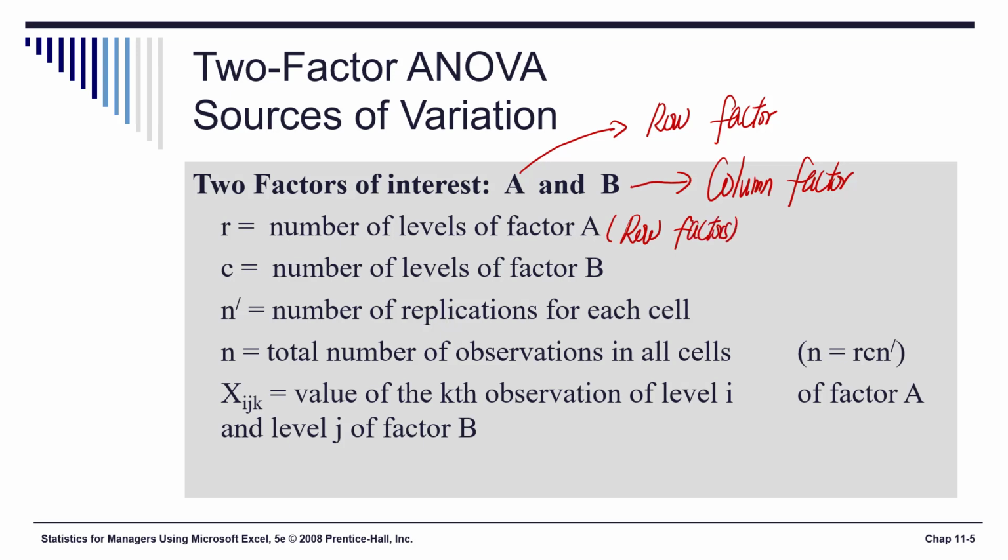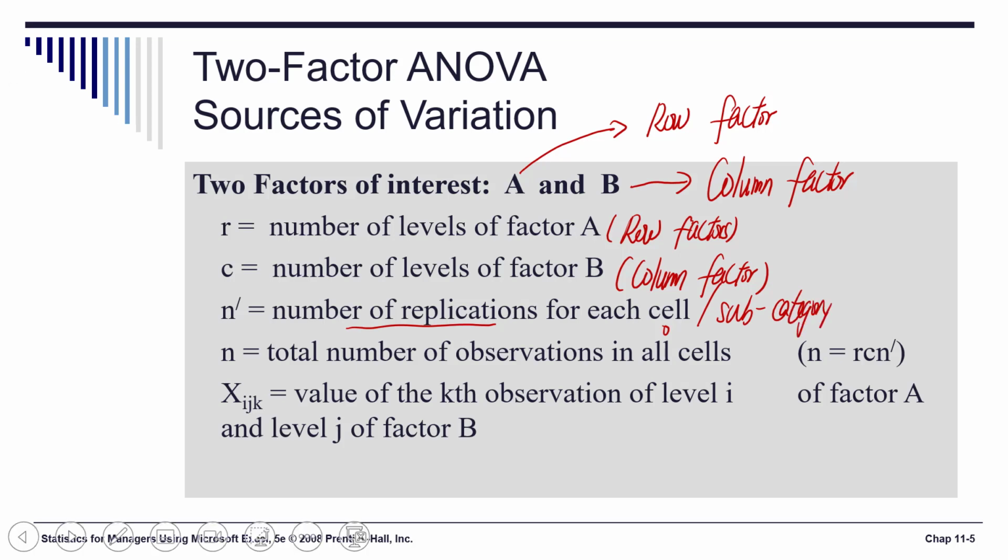And then C represents the number of levels of factor B, which is the column factor. M prime is the number of replications for each cell, for each subcategory.